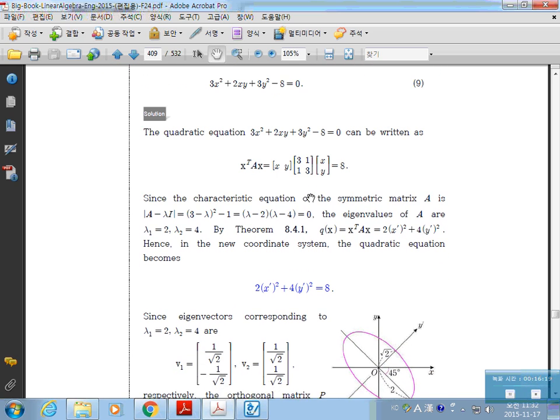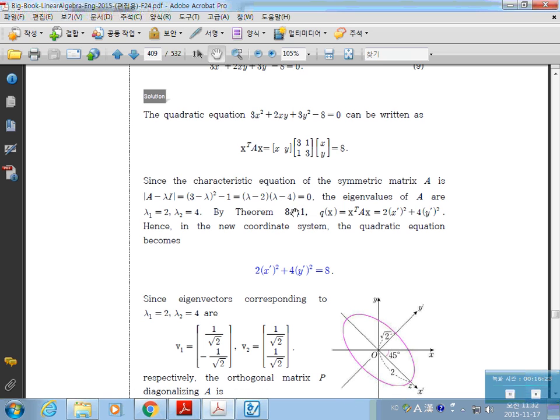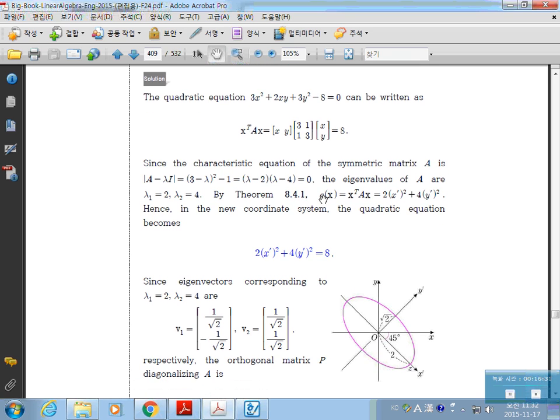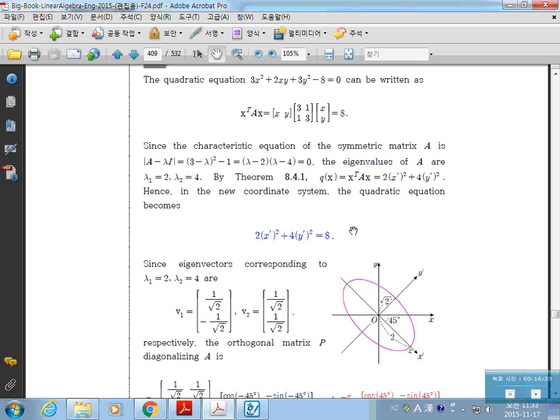Then from this symmetric matrix, we can find the eigenvalues 2 and 4, and you can find the corresponding eigenvectors V1 and V2, and form the orthogonal matrix P. So from this theorem, you can write it in this way in the new coordinate system X prime, Y prime. What is this? This is just an ellipse in the new X prime, Y prime coordinates.